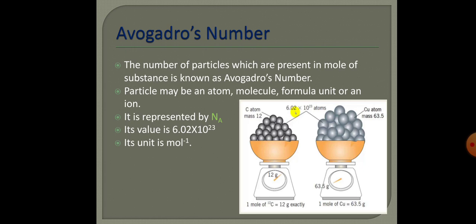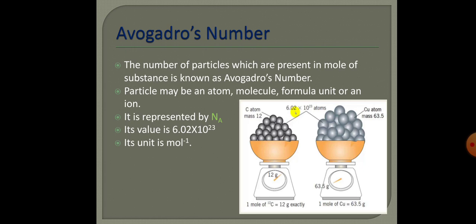This Avogadro number is represented by Na and its value is 6.02 × 10^23 and its unit is per mole, as you can see in the diagram. 1 mole of carbon-12 is 12 gram and 1 mole of copper is 63.5 gram.